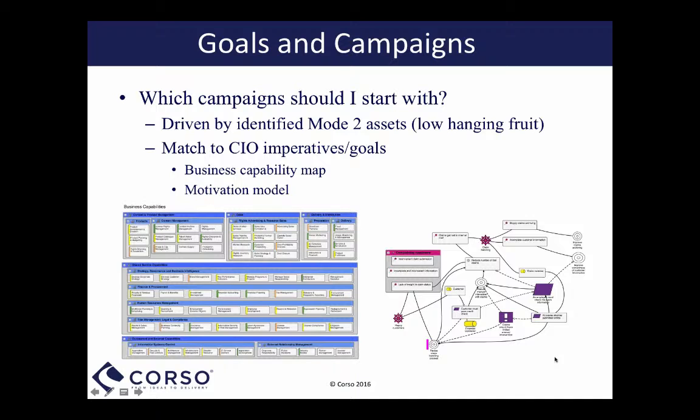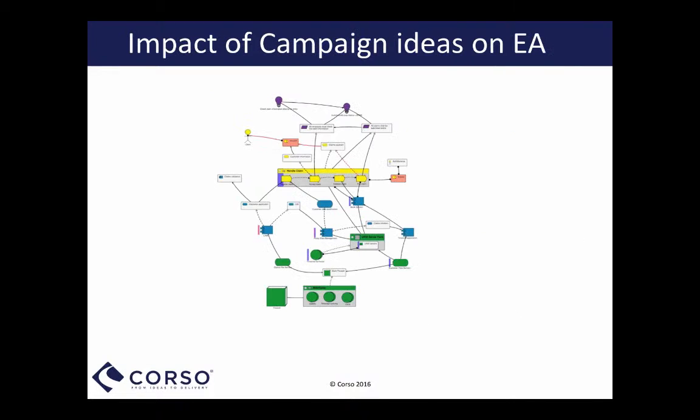We also use motivational model type things, where we've got a whole bunch of ideas and goals that we've brought into the model. How do we deliver a particular solution? How does it link back into the goals of the business? So we can start to build that model and find out what Mode 2 assets we can distinguish.